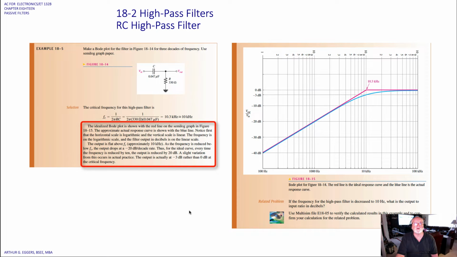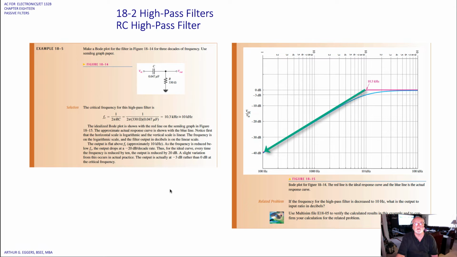As the frequency is reduced below the critical frequency, the output drops at a negative 20 dB per decade. Thus, for the ideal curve, every time the frequency is reduced by 10, the output is reduced by 20 dB. A slight variation occurs between the actual and what is plotted for the Bode plot.